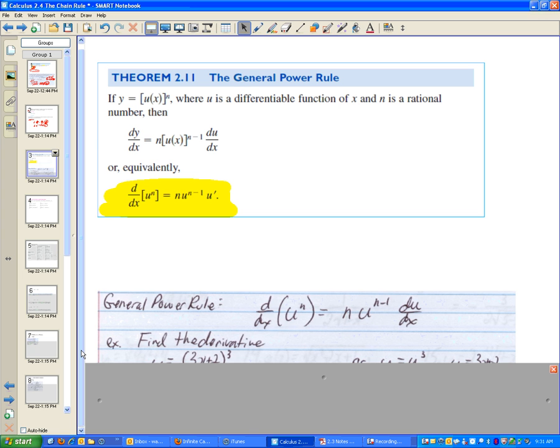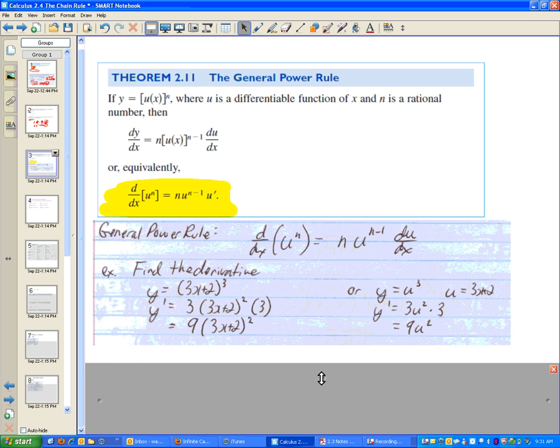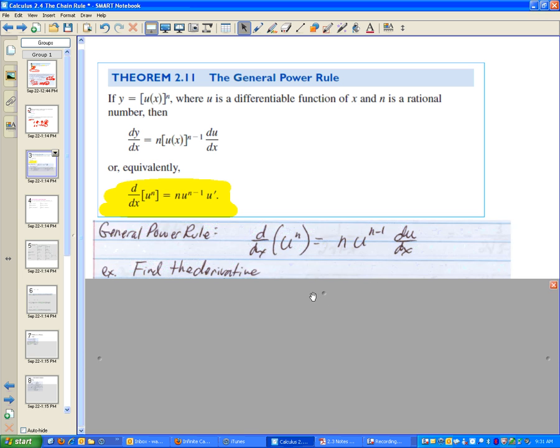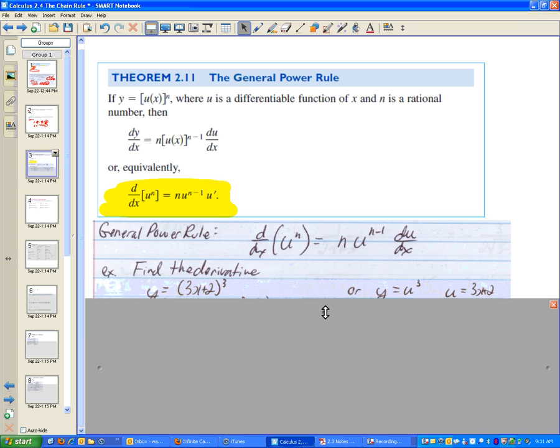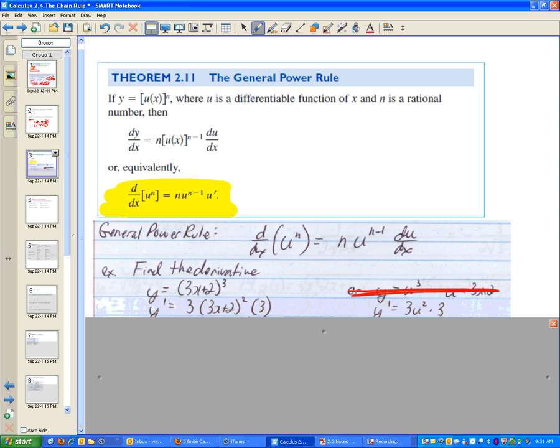Let's do another example. So I've got the general power rule written here. Let's find the derivative of y equals 3x plus 2 quantity cubed. According to the general power rule, y prime, or dy dx, however you want to write it, equals exponent of 3 times the coefficient of the quantity, so 3 times 1.